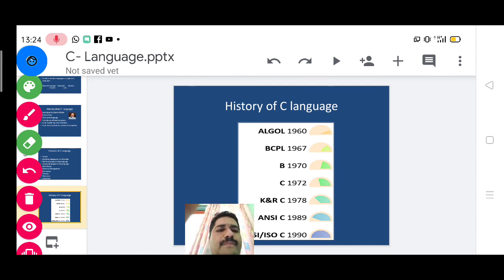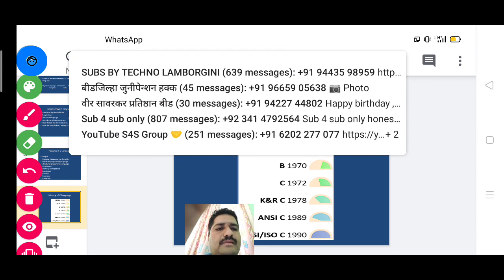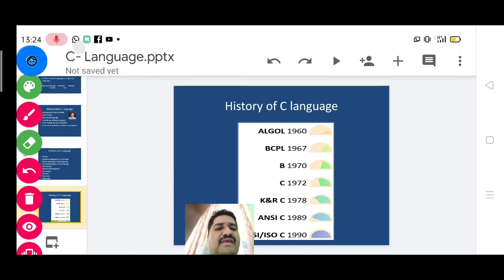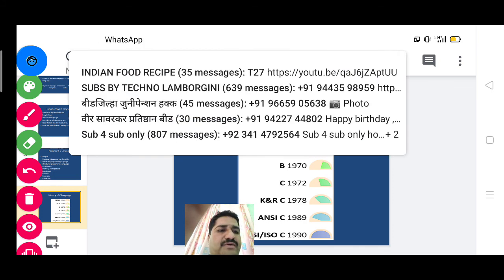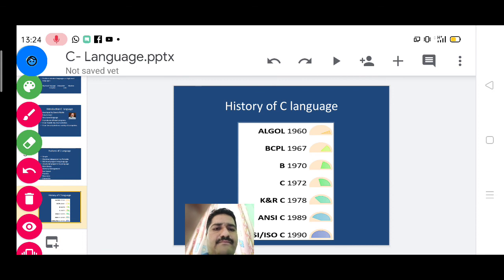C was developed from ALGOL, BCPL, and B by Dennis Ritchie at Bell Laboratories in 1972. He used many concepts from these languages and added the concept of data types and other powerful features.